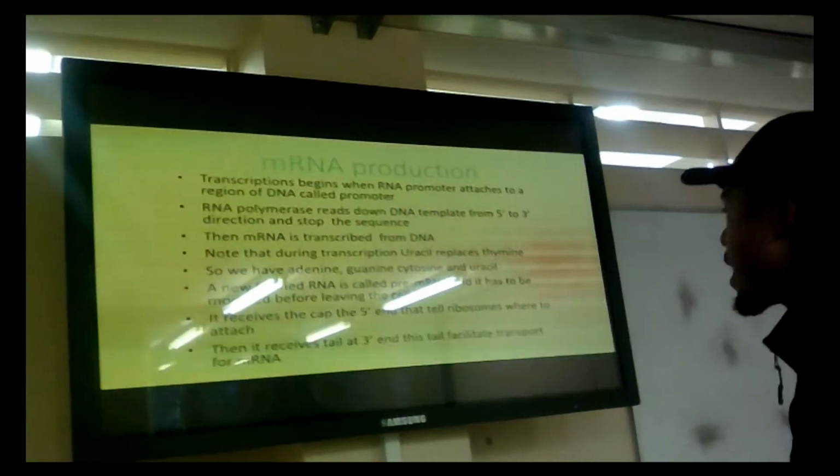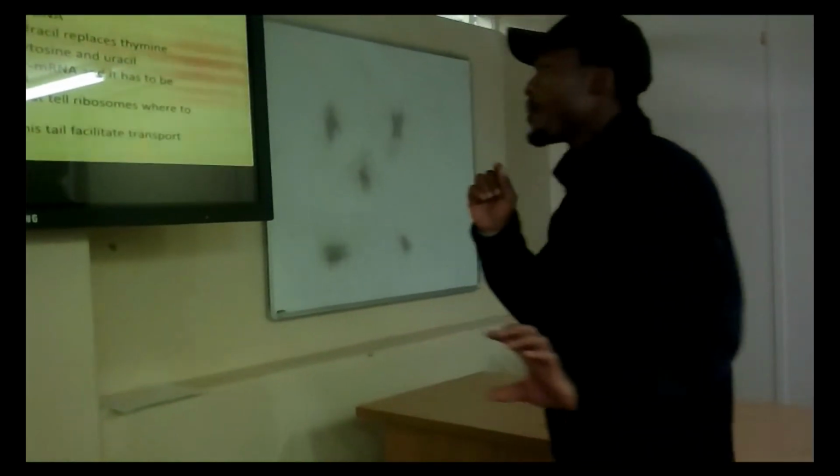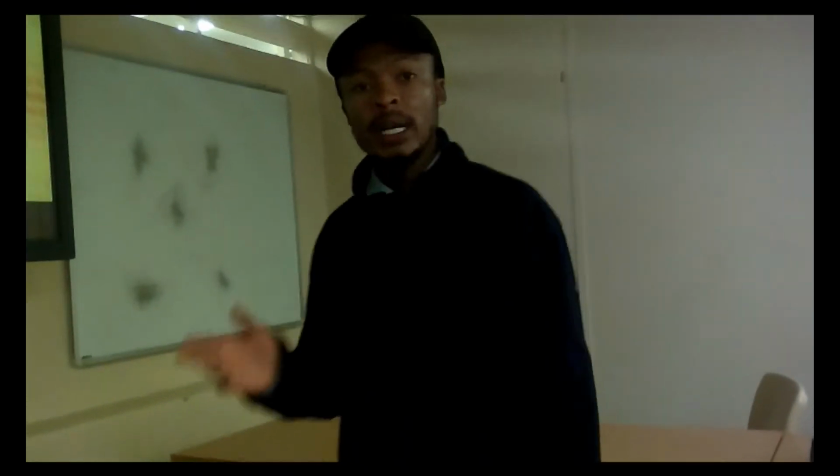Then thymine goes away, and the newly formed RNA is called pre-mRNA. It has to be modified before leaving the nucleus. During the modification, it receives a cap at the 5' end, which I think is guanine, and that tells the ribosomes where to attach when it goes to the cytoplasm.